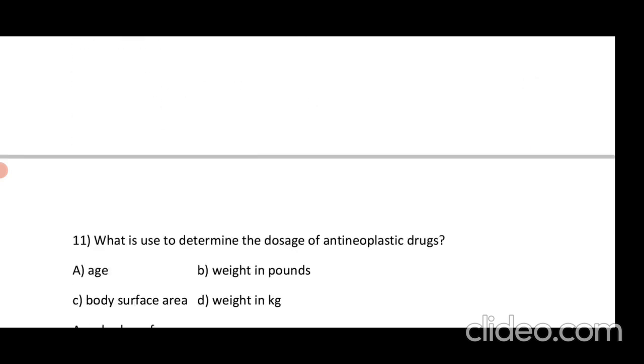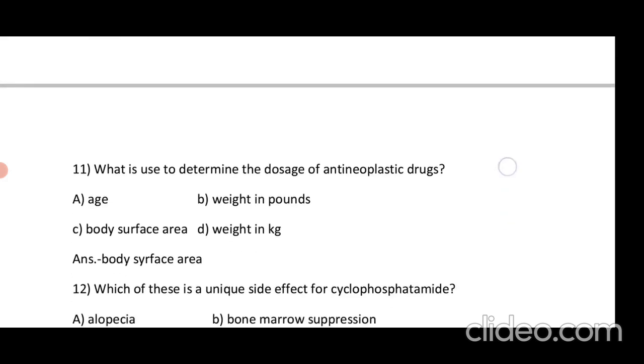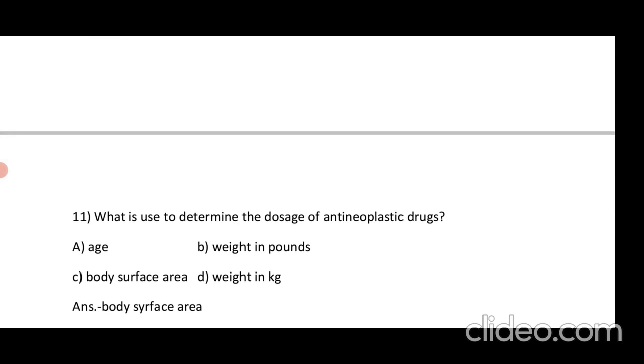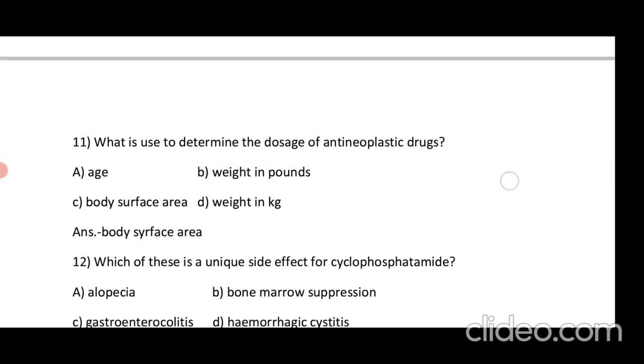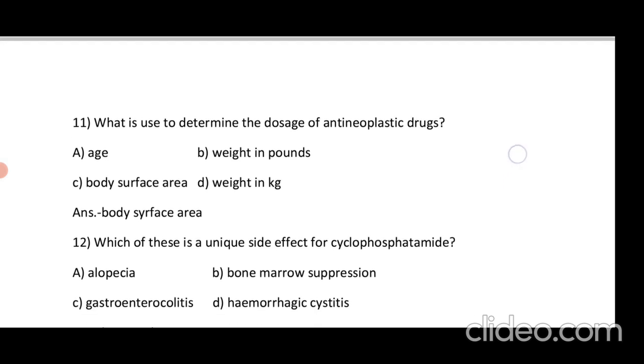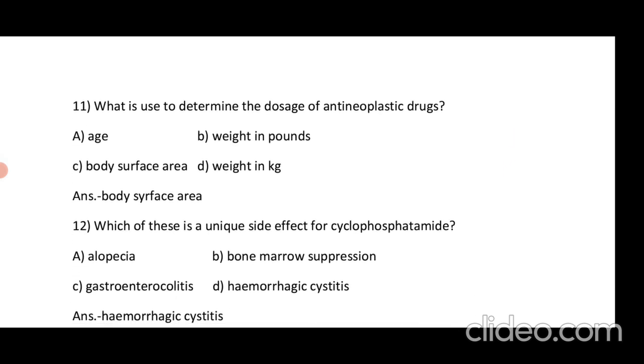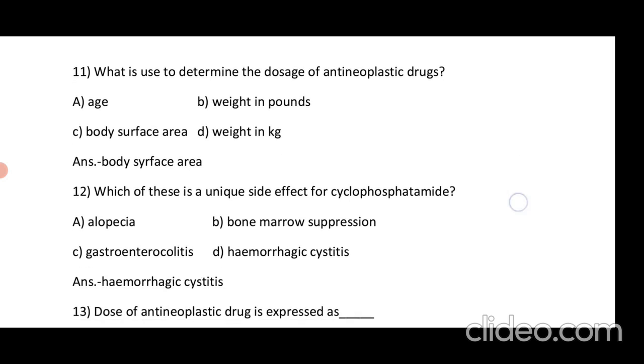What is used to determine the dosage of antineoplastic drugs? Body surface area is used to determine the dosage for antineoplastic drugs. Which of these is a unique side effect of cyclophosphamide? Hemorrhagic cystitis is a unique side effect of cyclophosphamide.